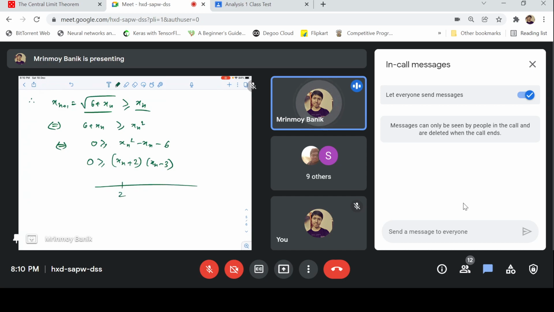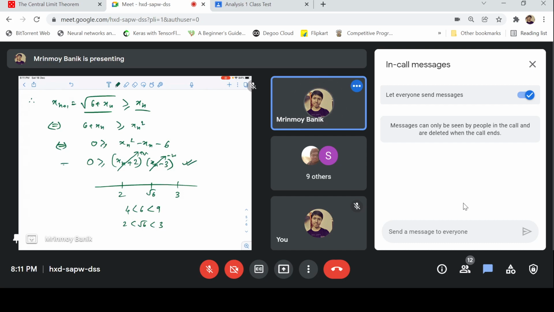We'll now see where square root of 6 lies. So 6 is greater than 4 and less than 9. The square root of 6 is greater than 2 and less than 3. So it lies between 2 and 3. And now that implies this thing is always negative and this thing is always positive. So the product is negative. So this is always true.